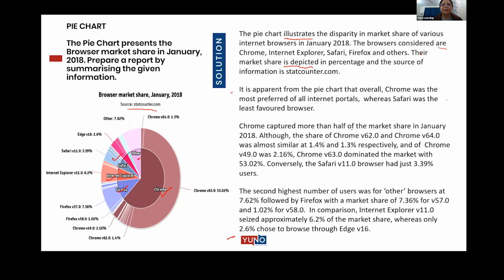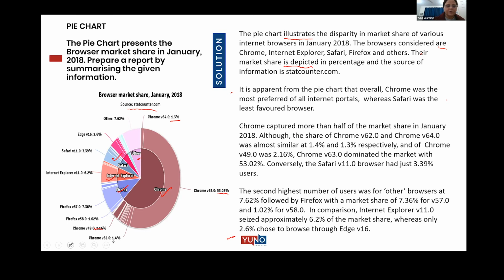Chrome captured more than half of the market share in January 2018. That's how it is. More than half of the share. Because if you calculate 53, then 1.4, then here we have 2.16, here we have 1.3. So it is more than that. So Chrome captured more than half of the market share in January 2018, although the share of Chrome v62.0, so v62.0 is, where is it?